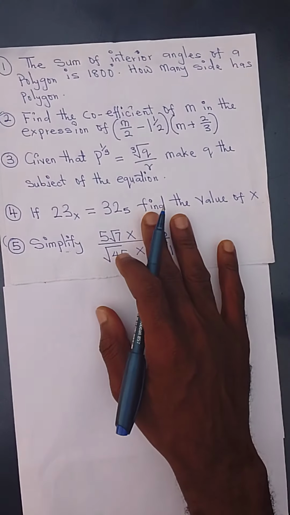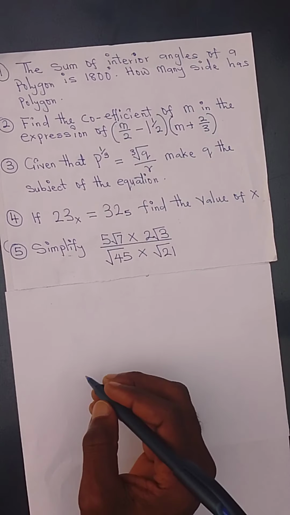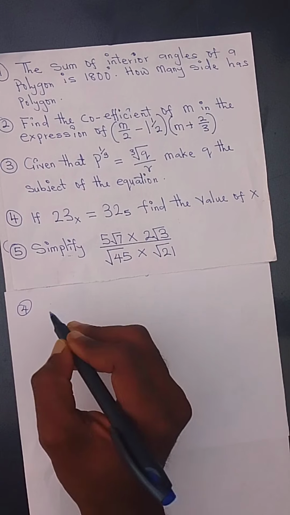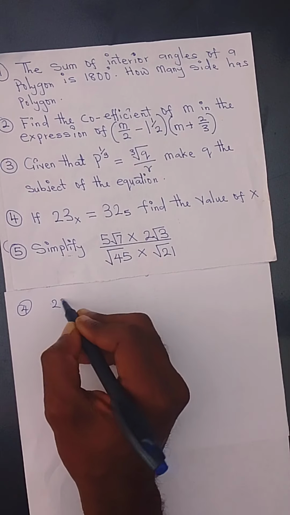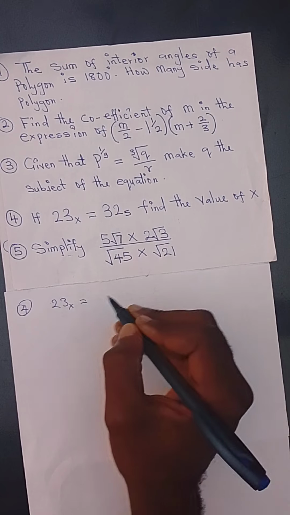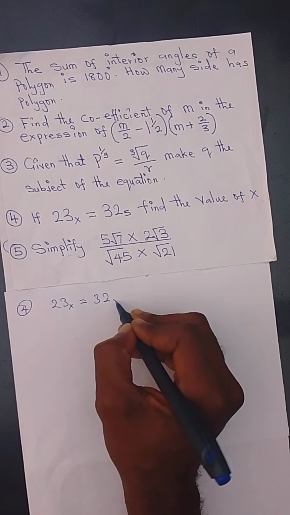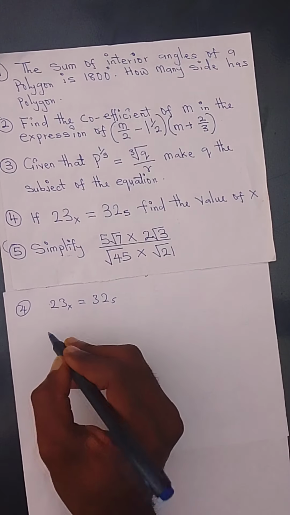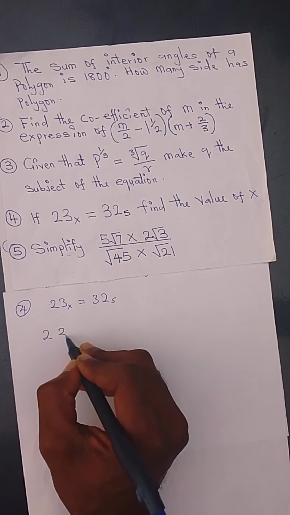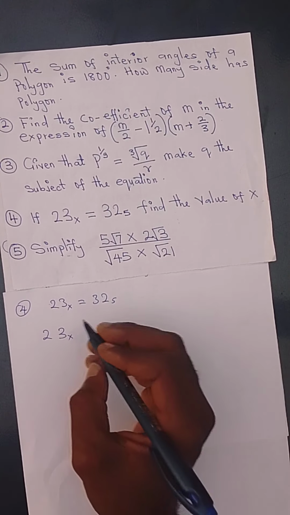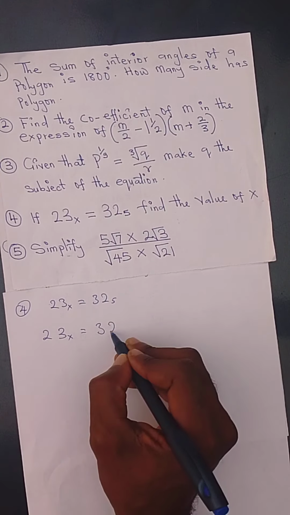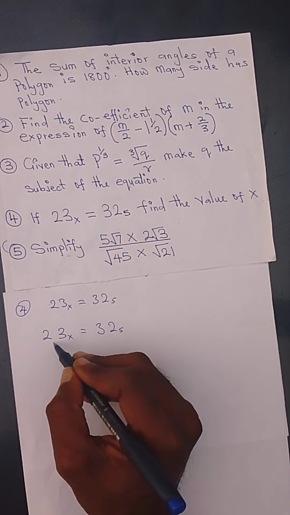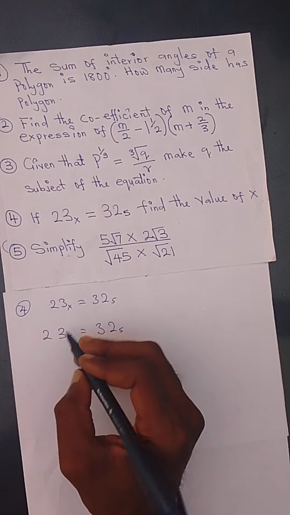Now question number 4 says, if 23 base x is equal to 32 base 5, find the value of x. Now to find the value of x, you know how to express a number in base 10, like converting a number to base 10.